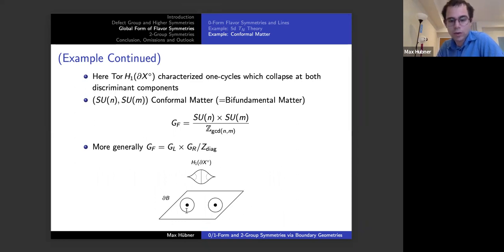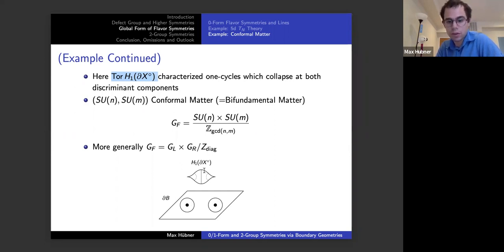The situation we're in now is that we have the Hopf link, which is two disconnected discriminant components. We've now excised neighborhoods of these. And I'm claiming that these cycles here characterize one cycles which collapse at both of the discriminant components. Whenever I have such one cycles, I can fiber them from one discriminant component to the other.